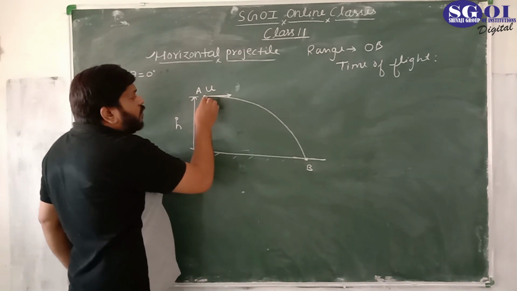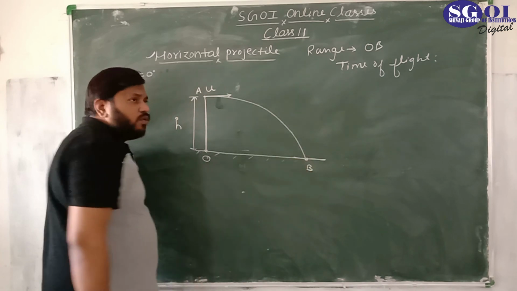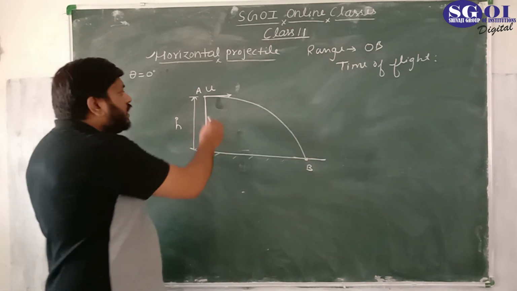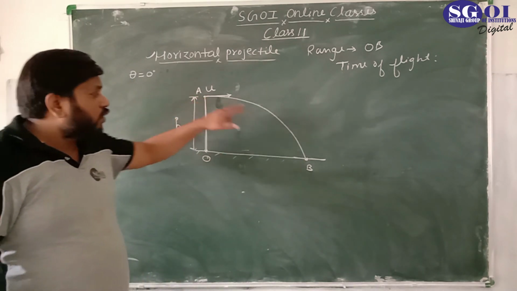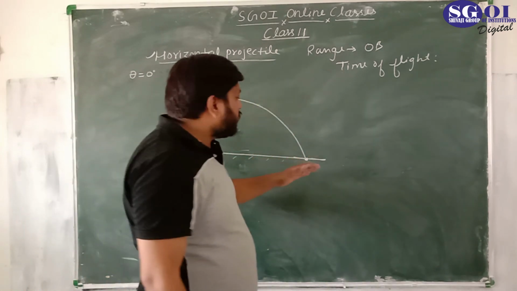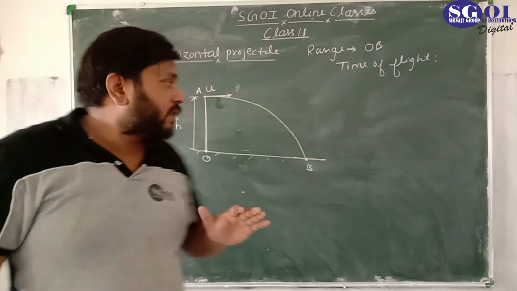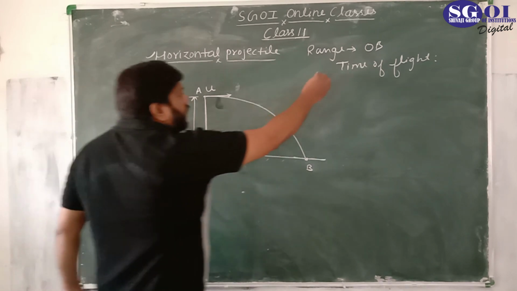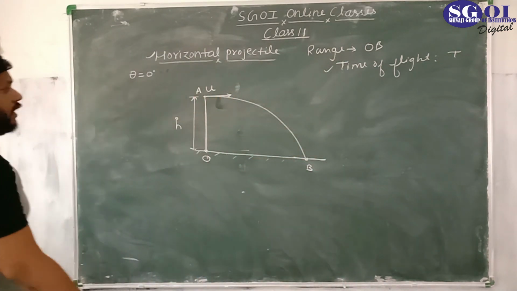It is projected from here, and it is in air continuously until it reaches the ground. The time duration from here to here is called time of flight, because in this duration it spent its time in air. This is represented by capital T, which we have to find.